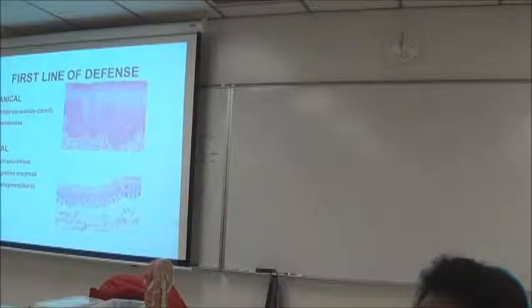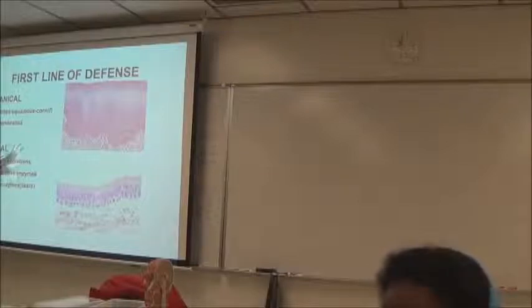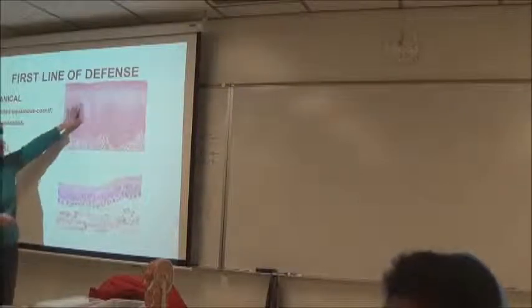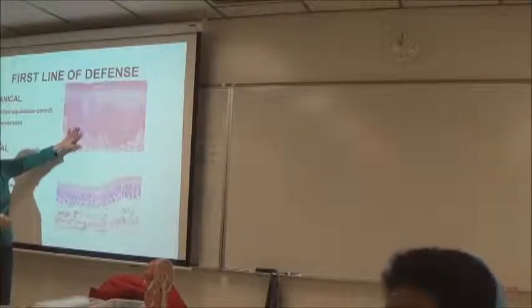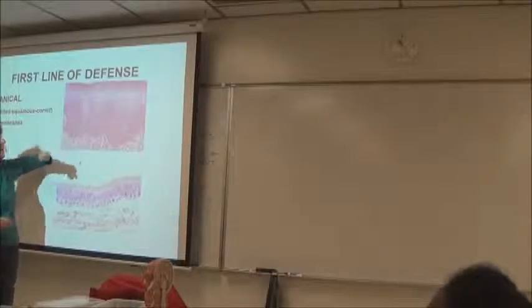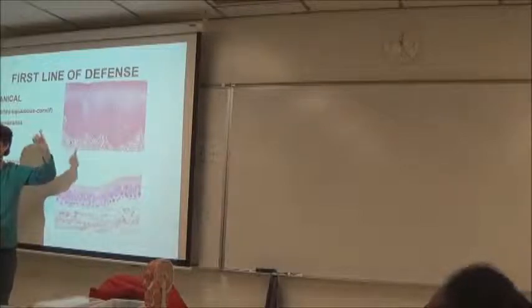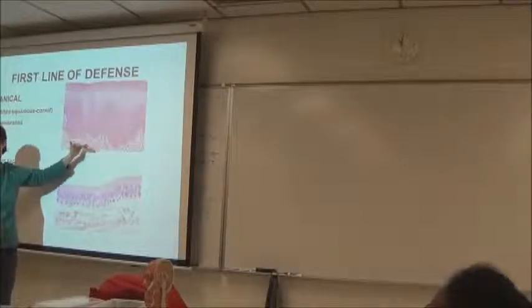So the first line of defense is both mechanical barriers, the actual junctions of the epithelia, either in the skin, which is what this is showing, the esophagus, or the pharynx. So non-cornified stratified squamous, with a lot of cell junctions in that epithelia, and unless there's a cut or a tear or a scrape, that has pretty good integrity.